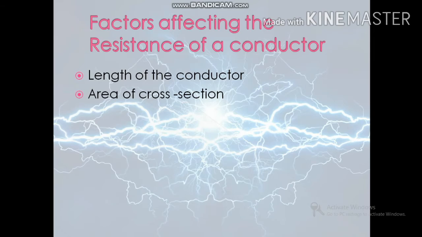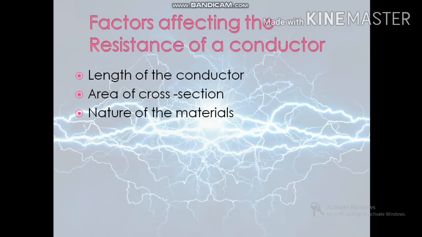The next one is the nature of the material of the conductor. The electrical resistance of a conductor depends on the nature of the material of which it is made. Some materials have low resistance, whereas others have high resistance.